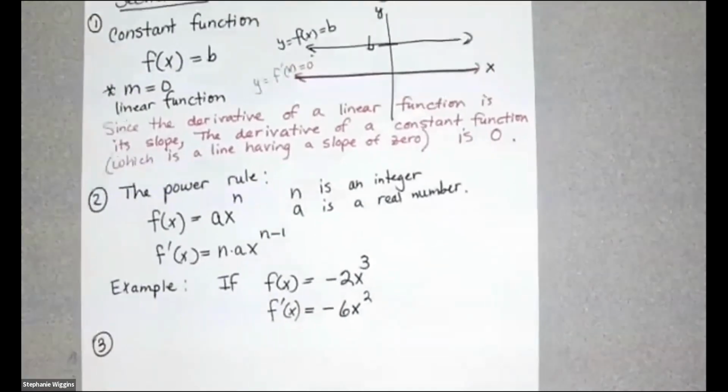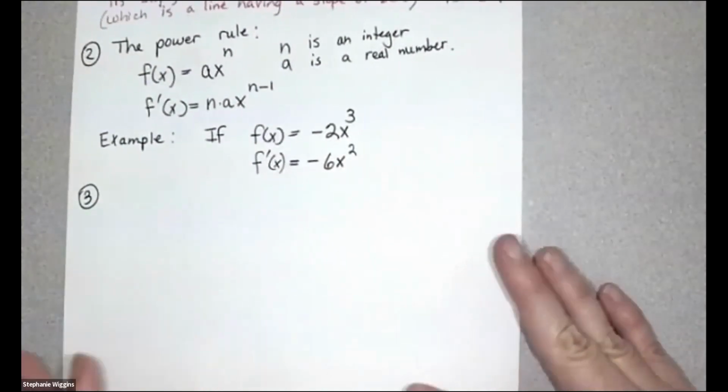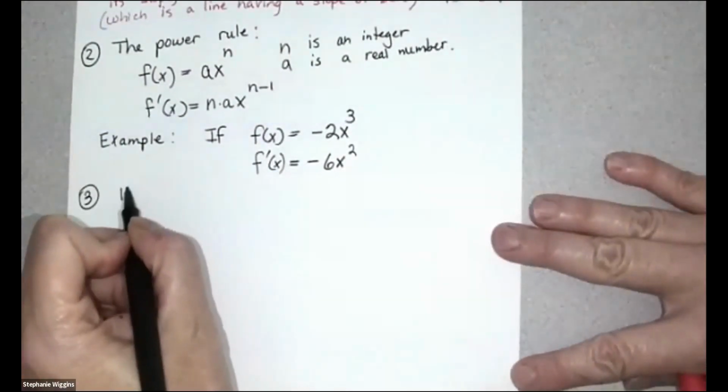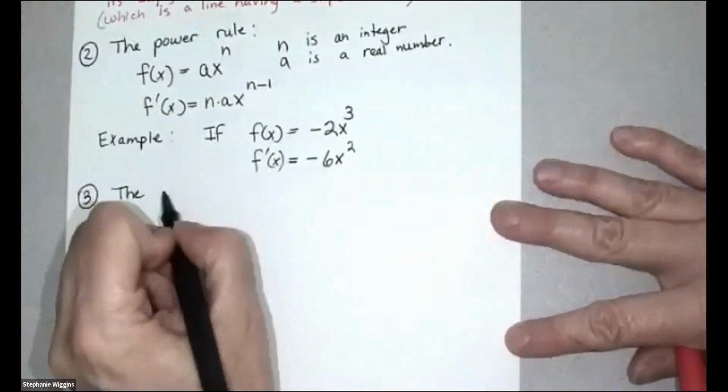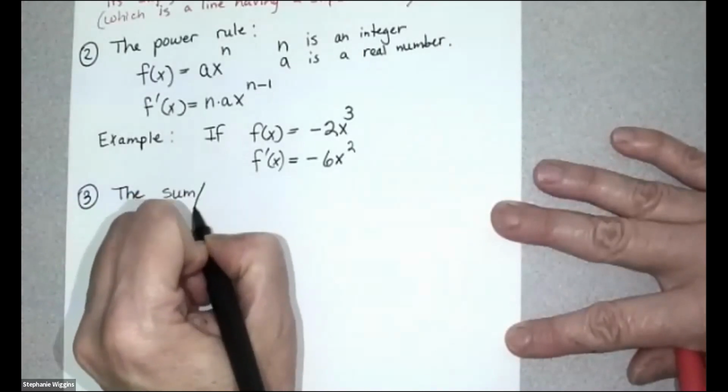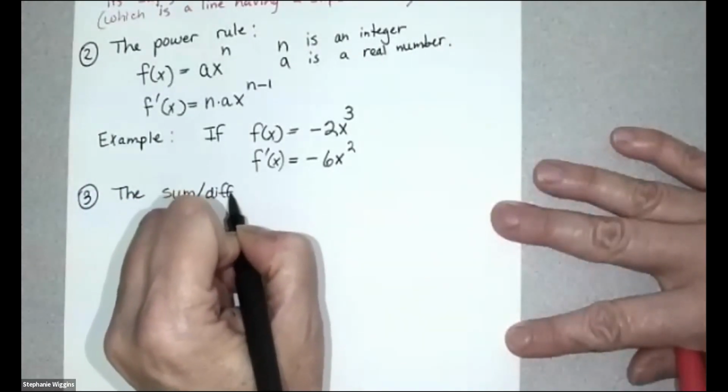Now, the next rule that we're going to use is the sum rule. Well, actually, two rules. They kind of go hand in hand. The sum and the difference rule.